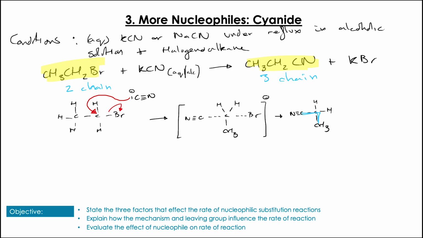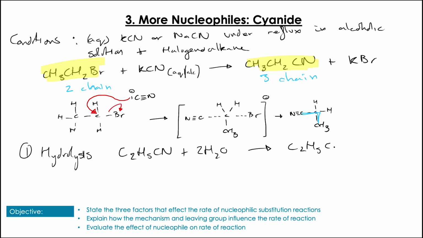What we do need to know is 2 reactions that we do with the nitrile once we've formed it. Nitriles aren't usually our target molecule, so we can hydrolyze this by reacting it with water to form carboxylic acid and some ammonia.